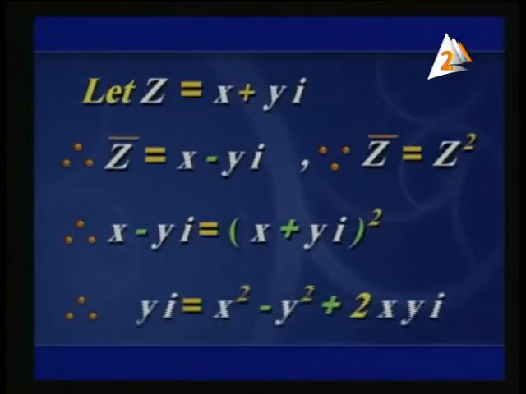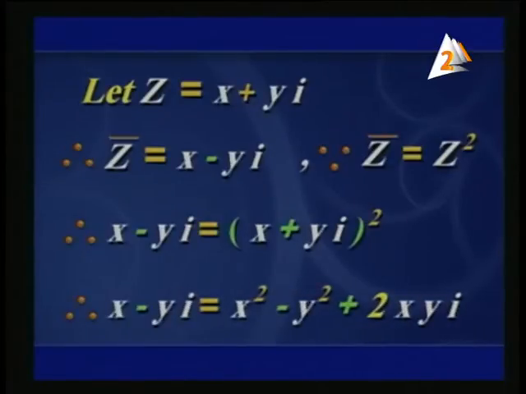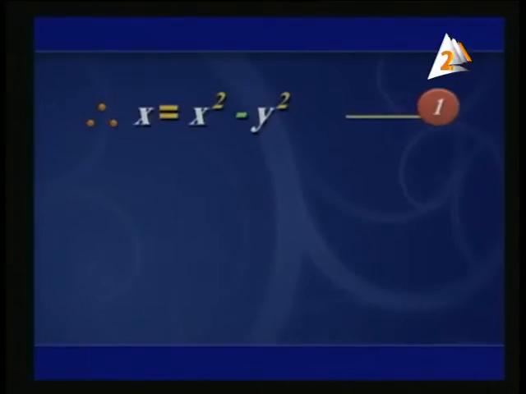Then x minus yi equals x squared minus y squared plus 2xyi. Therefore, x equals x squared minus y squared, and this is equation number 1, and y equals negative 2xy.